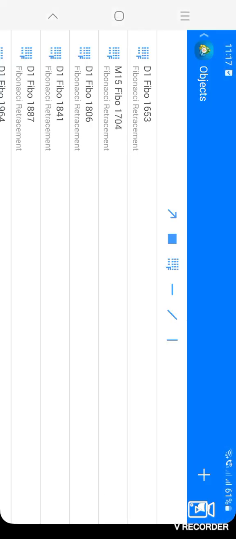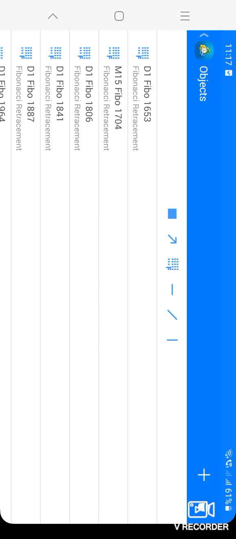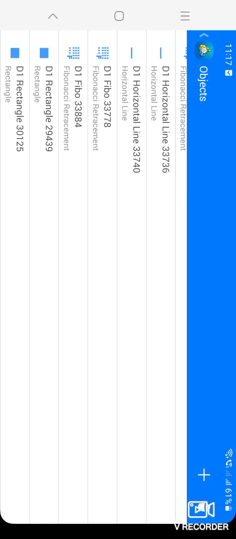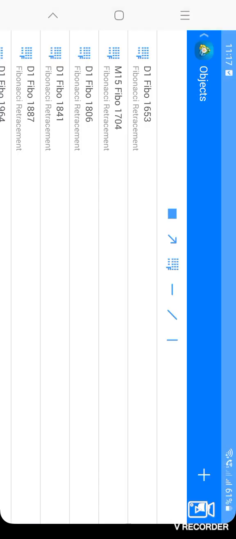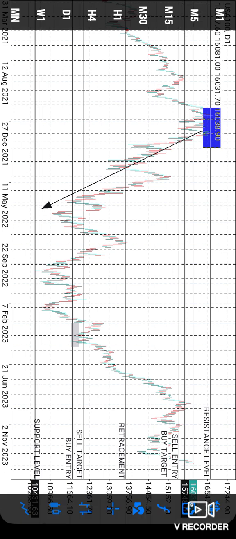As you can see here, we have a level. Let me change the color to make it quite visible. We have a level there acting as a resistance. This was the level where the market retested and then started going down aggressively.